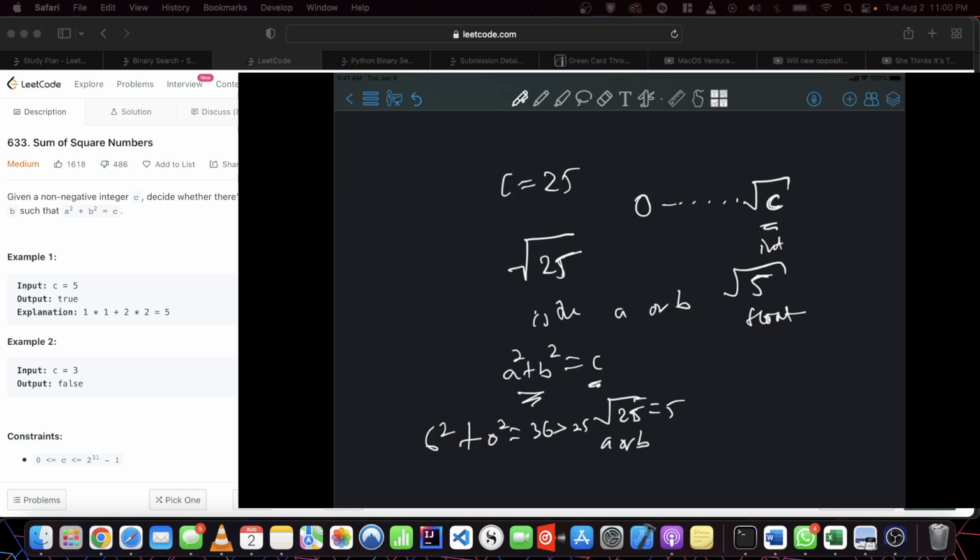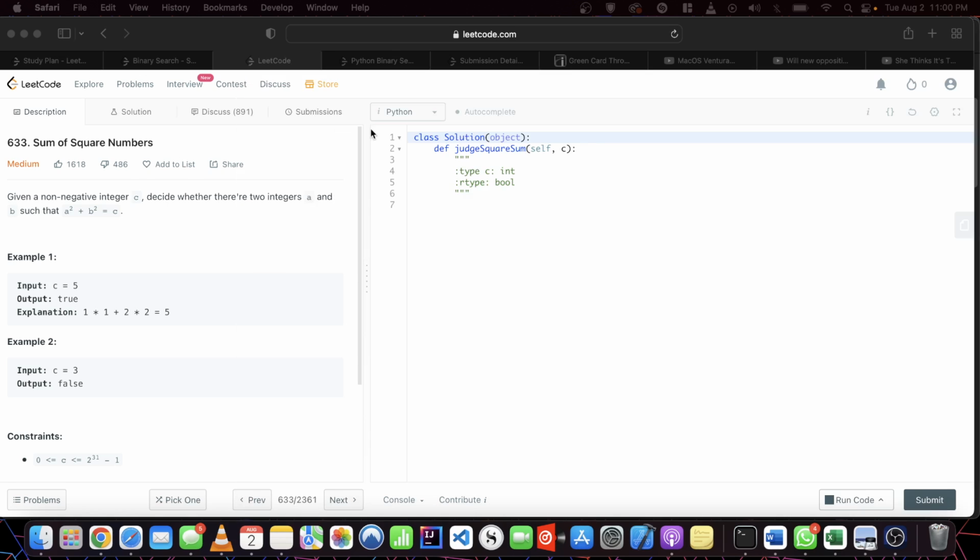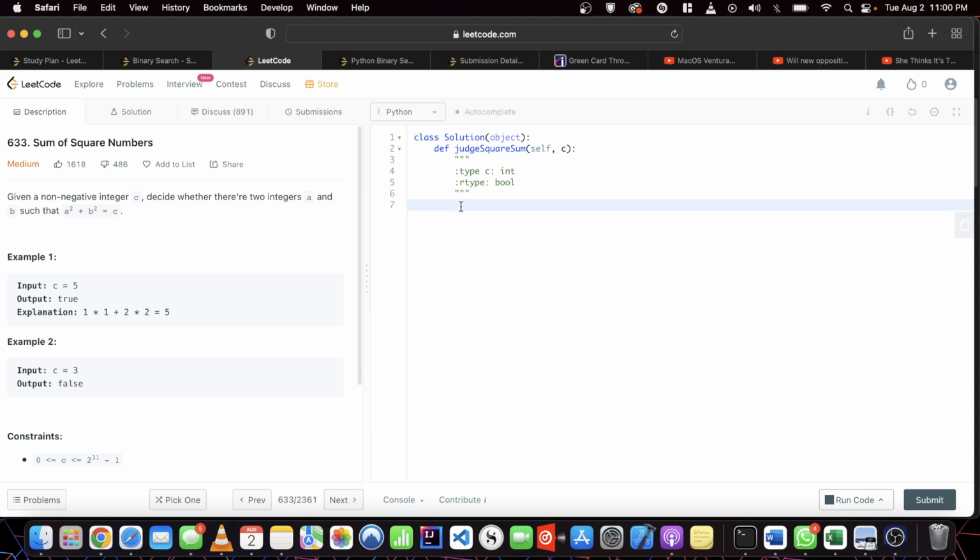So let's do it. We're going to set i to 0. The search space for possible values of a and b is 0 to less than c.